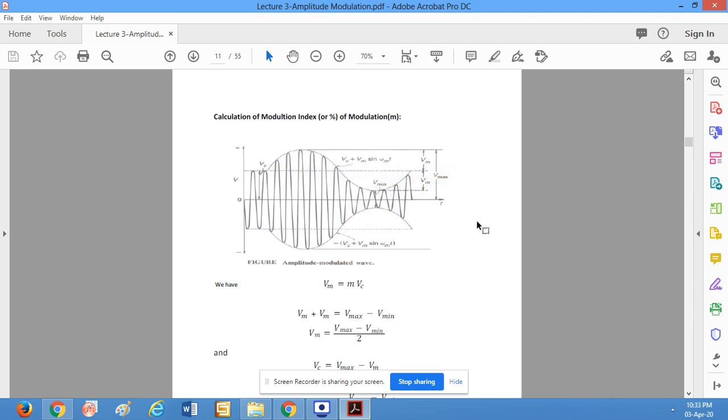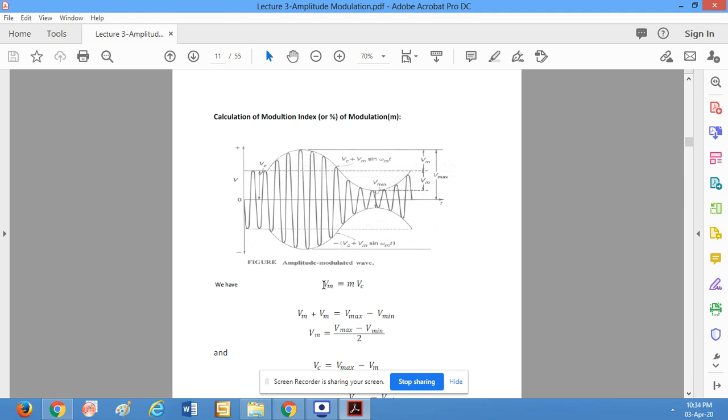This is a sinusoidal wave in which the modulation factor is less than 1, and we define this as the amplitude modulated wave. This gives the envelope of the message signal, and the wave at the center is the carrier wave. So what we have done is we have changed the carrier wave with respect to the modulating wave.